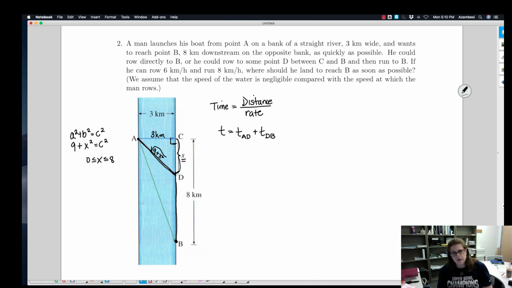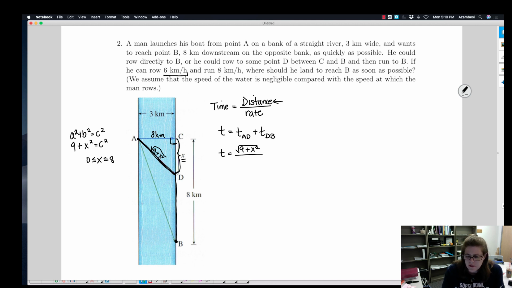I want you to note first that the square root of 9 plus x squared is not 3 plus x, so do not try and simplify it that way. As soon as we have a plus in there, we cannot do that. So now I want to set up my actual time formula. Here time is equal to the distance, and the distance for this first piece is this length from A to D. So the distance here is the square root of 9 plus x squared divided by the rate.